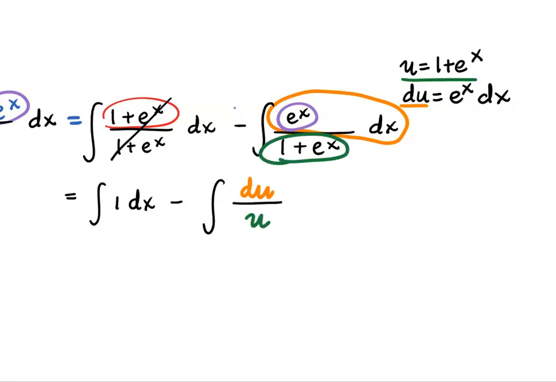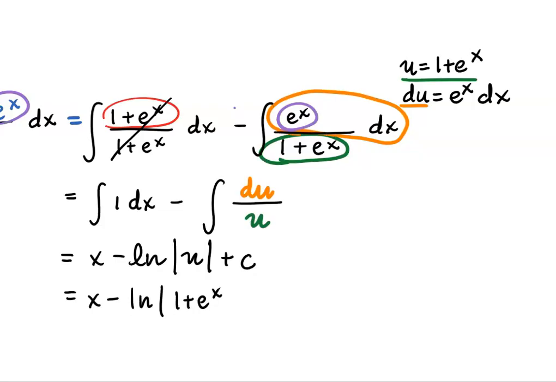So I have the integral of du over u. We know that 1 integrates to just x, and du over u integrates to the natural log of the absolute value of u, and then we'll add c. So we have x minus natural log the absolute value of 1 plus e to the x plus c.